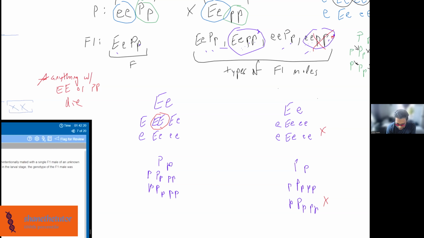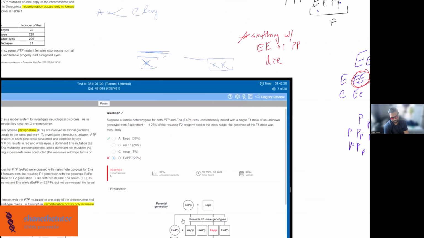So going back to this one, we don't have big P, but we do have big E. And this is 1/4 or 25% of the genotypes, right? And that means that's the 25% that dies during the larval stage. Therefore, our answer is big E, little p, which means our answer is A.